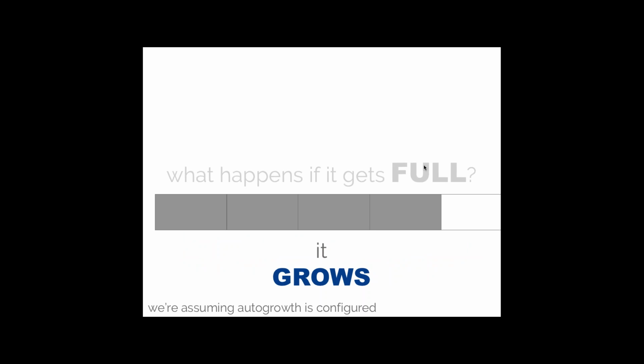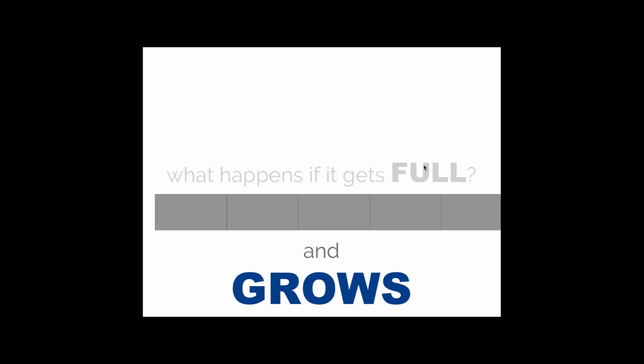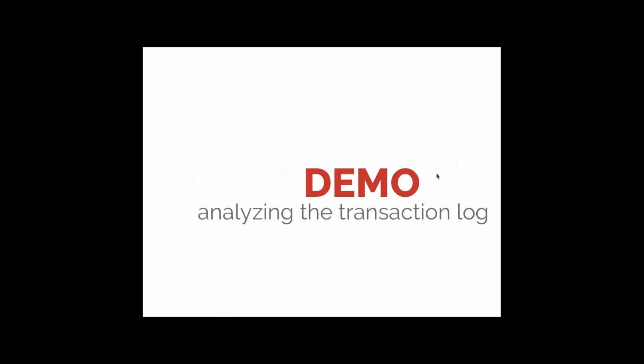Now, this is a bit tricky, especially if it's a highly transactional database and your transaction log file grows on a regular basis, which is why, by default, auto-growth is always configured. The transaction log file grows, virtual log files get full, SQL Server can't find inactive portions of the log, so it auto-grows and grows. So let's take a look at a very simple demo on looking at the transaction log and understanding the circular nature of the logs.